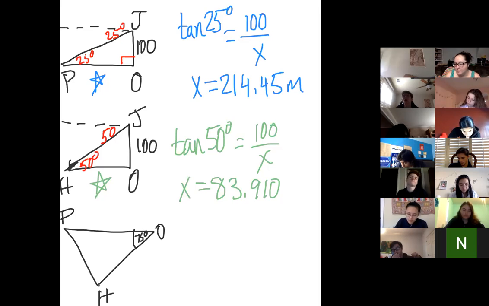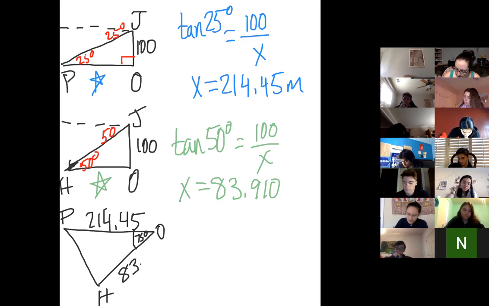And I just found the length of OP to be 214.45. And I found the length of OH to be 83.910.